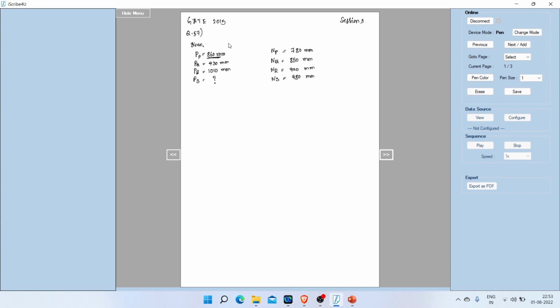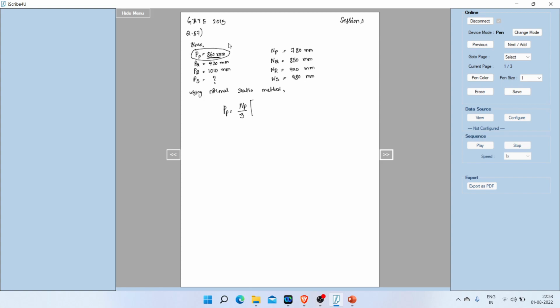It is already mentioned in the question that the normal ratio method is used, so we write this formula. By using the normal ratio method, this particular value is estimated. So NP divided by M times PQ divided by NQ plus PR divided by NR plus PS divided by NS. Here M will be 3 because we are looking at M plus 1 stations.